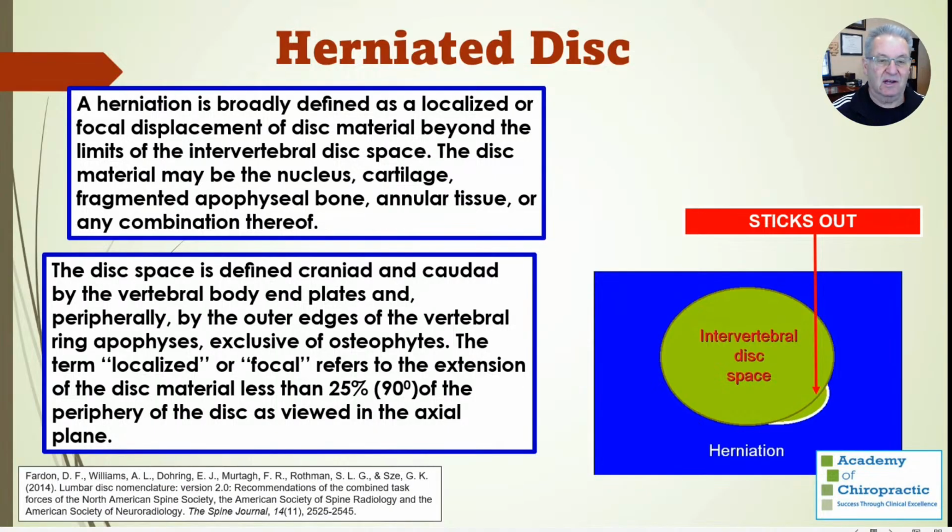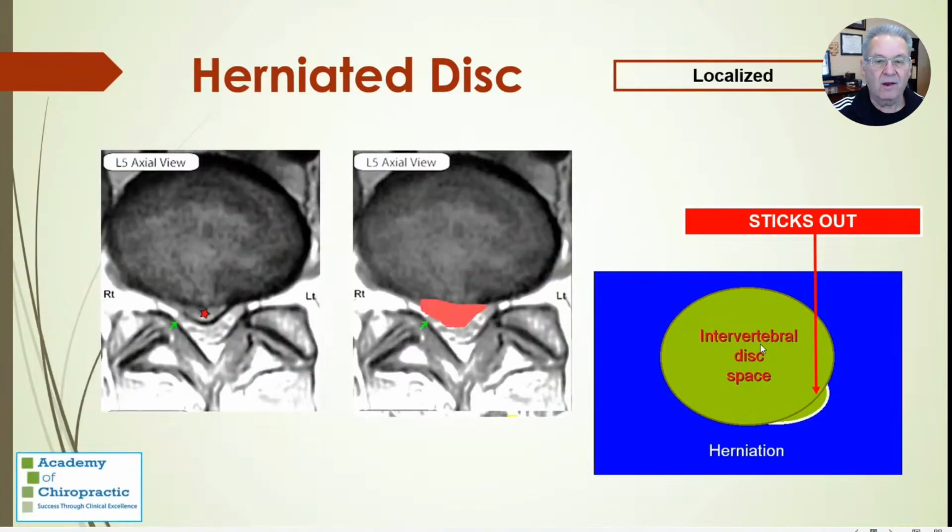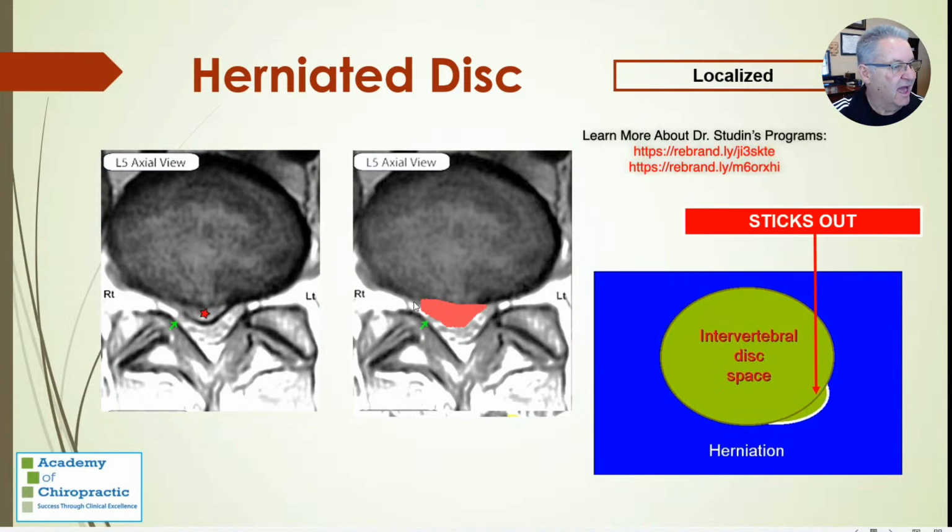And it's really easy, and I give you a little bit more of a definition on here in words, but I also give you a reference from Fardone, and it's a 2014 article, which is still the industry standard. So I urge you to go get that article. Now, when we look at a herniated disc, anytime the inside comes out, and we've got that little starred piece here, and I've colorized it or filled it in, this is the inside nucleus pulposus material coming out.